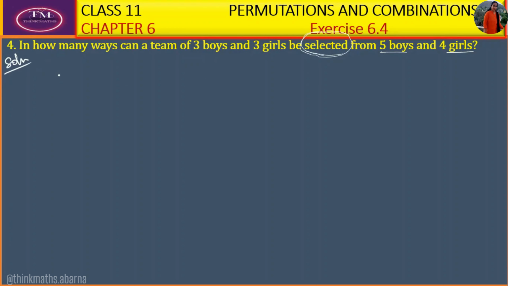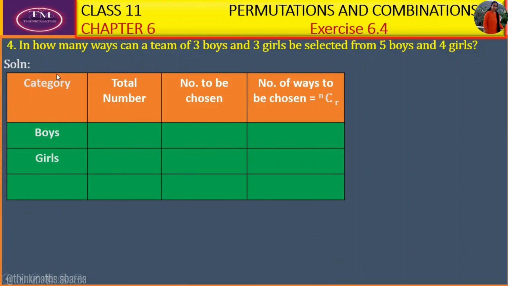First, we will form the tabular column. Okay. So, for this, we will have a tabular column. The category. What is the category? Boys, girls. So, what is the total number of boys and total number of girls? So, totally we have 5 boys and in total we have 4 girls. So, totally you have 9.